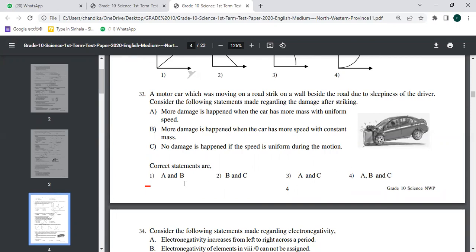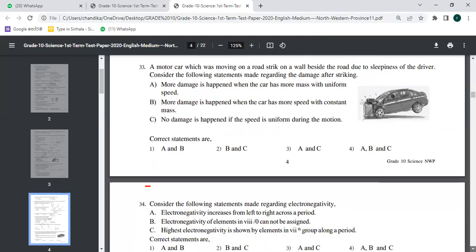Correct statements are A and B. Damage will be higher when the mass increases, and damage also gets higher when the speed gets higher. So A and B are correct. C is wrong. Okay, so we go for the next one now.